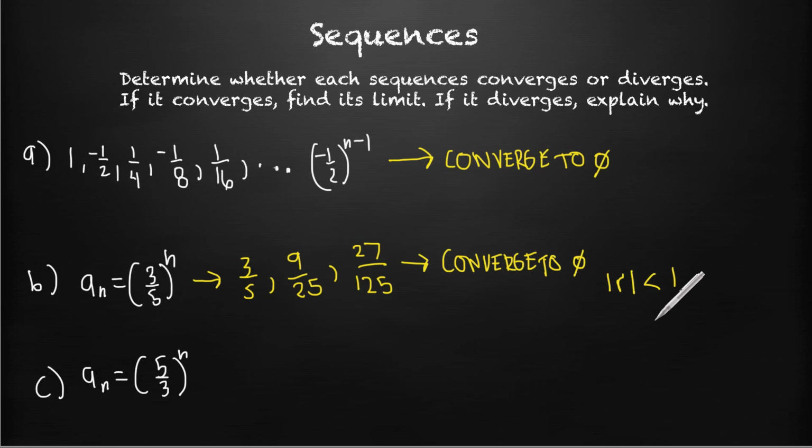The numbers are going to be getting smaller and smaller, and eventually, when you multiply by numbers smaller than 1, it may take longer, but eventually it's going to get to 0. All right, letter C. The opposite is true. Here we're multiplying by a number bigger than 1, and so this is going to diverge because the numbers are approaching infinity.